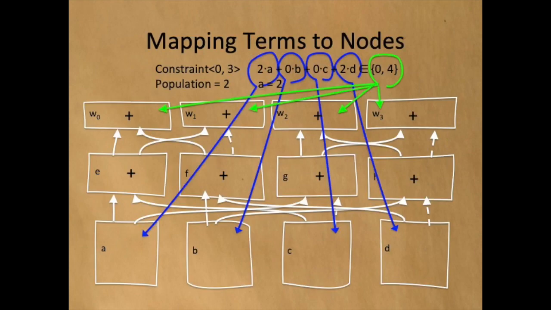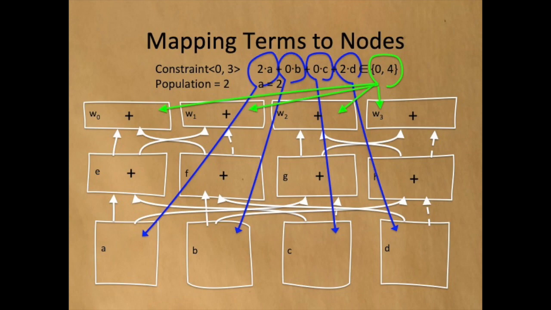The leaves of the butterfly express the terms of the equation. The bottom left node corresponds to the A term, the node next to that corresponds to the B term, the node next to that corresponds to the C term, and the final node corresponds to the D term.